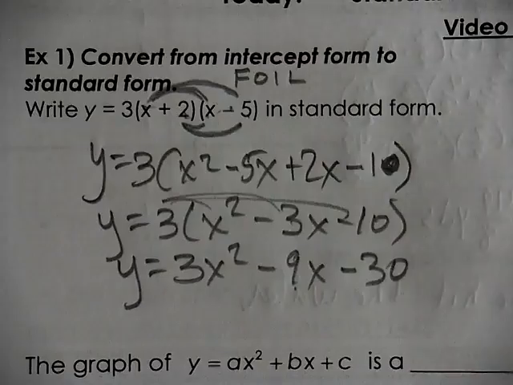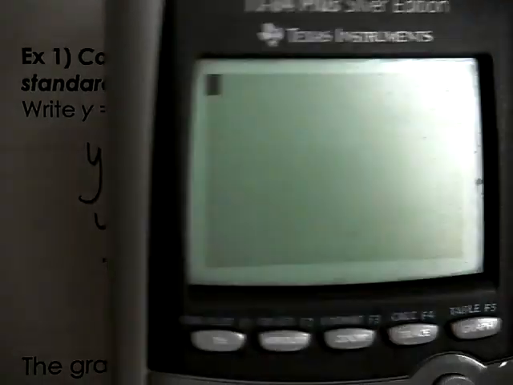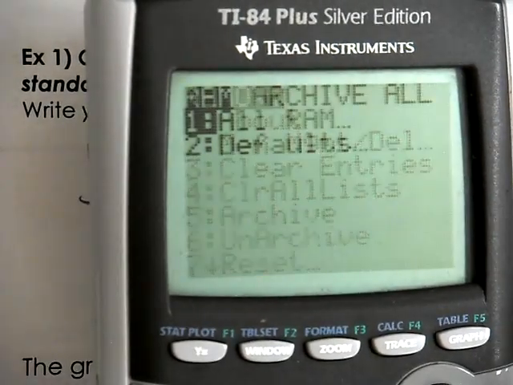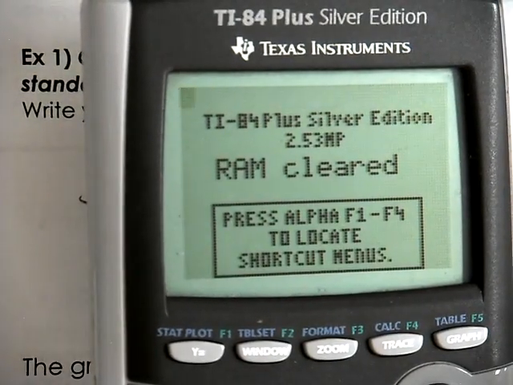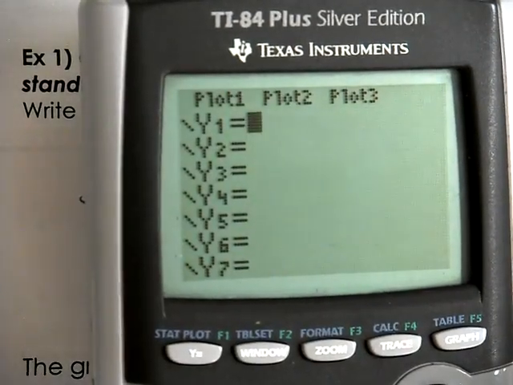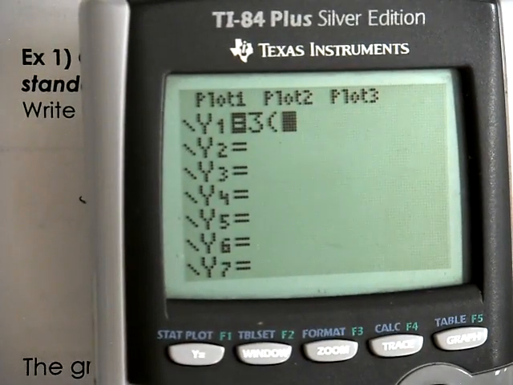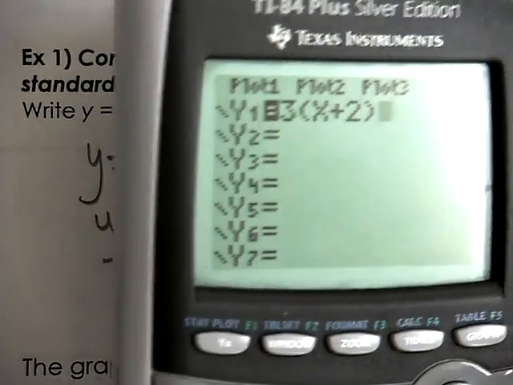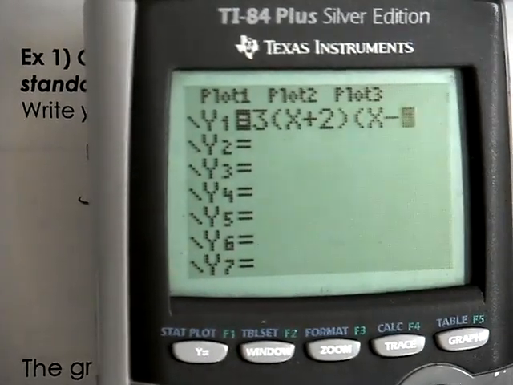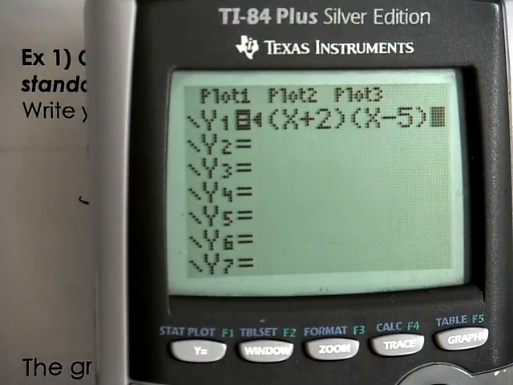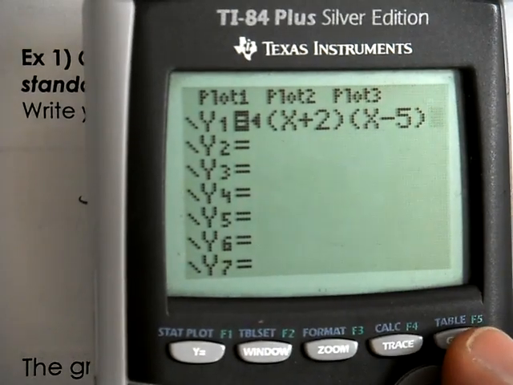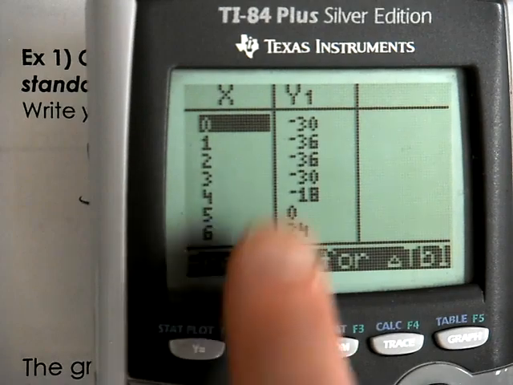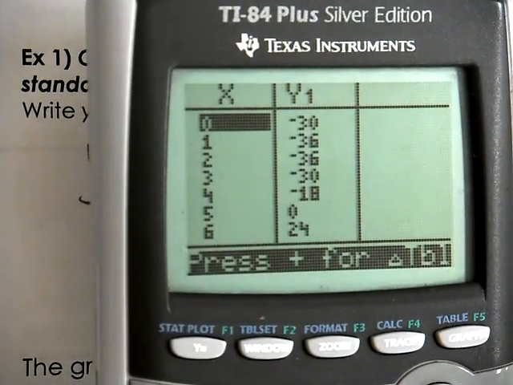Let's give it a try. I'm going to type in, first, second plus 7, 1, 2, so we can clean our calculator. We had 3 times x plus 2 and x minus 5. So that's our first equation. If we go to table, which is second graph, the y values are the values in your table.